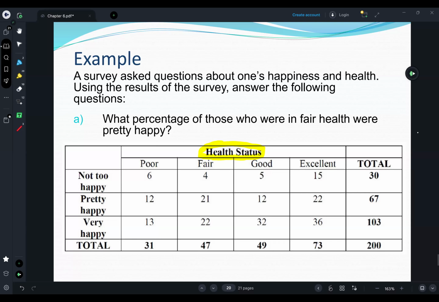So the answer will be 21, this number, divided by the column total, not the 67, but the 47, because we want of those who were in fair health. So pretty happy is 21, divided by 47, equals 0.447, or 44.7%.